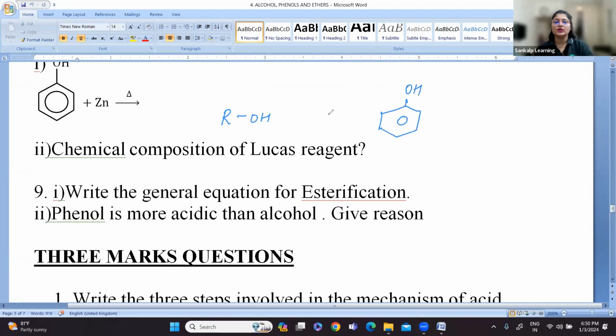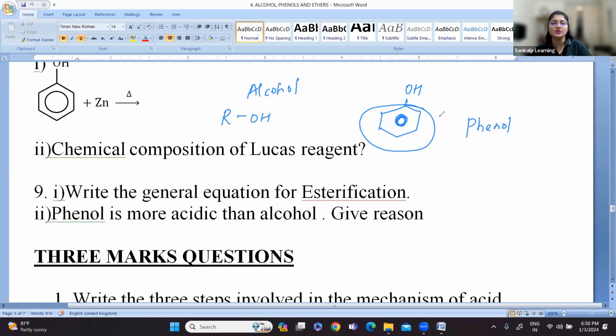When you're comparing the alcohol and the phenol, phenol is more acidic. Why? Because it involves a benzene system. It has a pi system here. So what is happening here? Phenol is more acidic because of the resonance structures. Here there will be formation of phenoxide ion, and this phenoxide ion will be resonance stabilized.